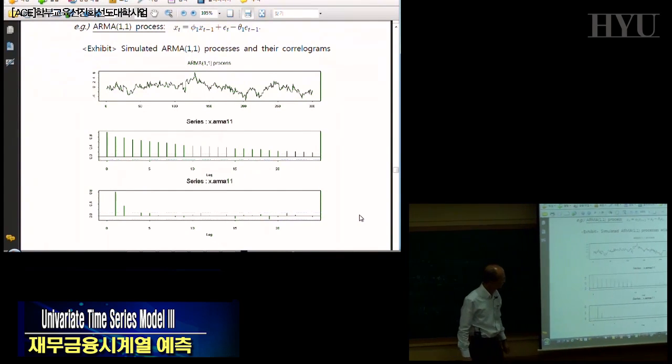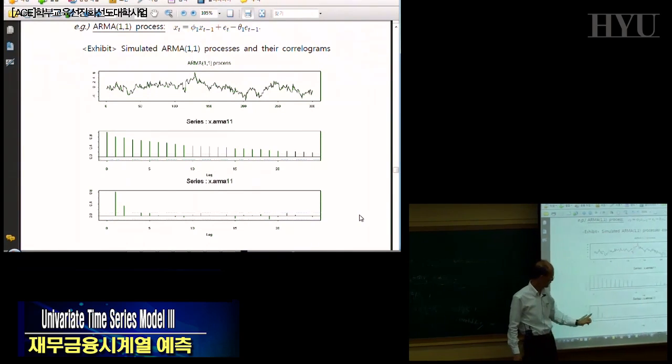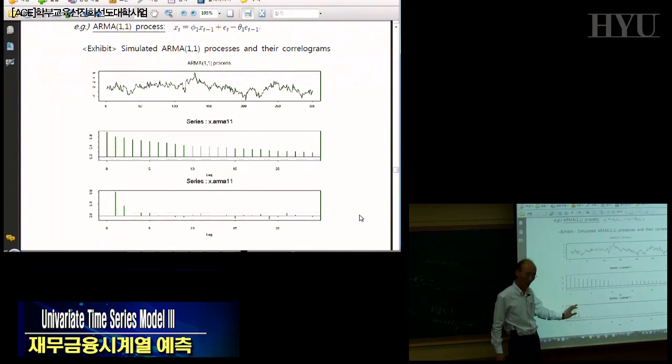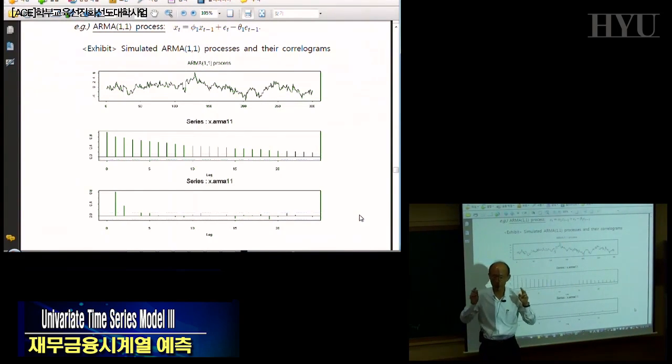So basically, if you're actually interested in moving from a pure AR or MA process to a mixed process, the significance of this, or reading off these two sample functions, won't be giving you direct information about what should be optimal for P and Q, those lags.